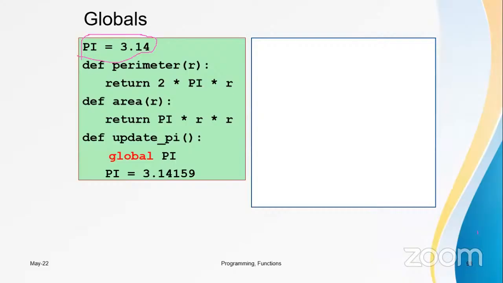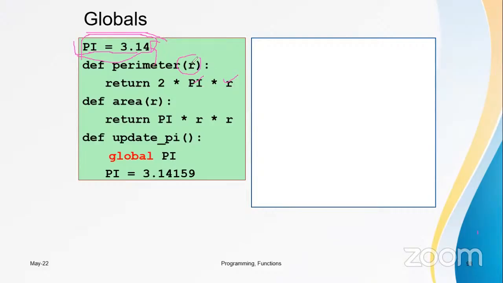In perimeter, I am taking only the argument r. Perimeter wants pi r, but pi is already available in the global value. So when I call the definition, it will take pi from the global value because it's already declared on the top. Then the remaining value is r.